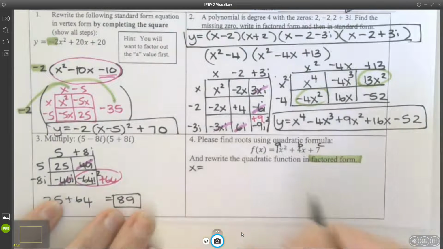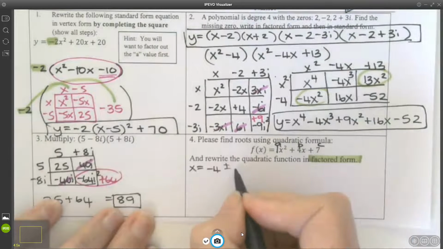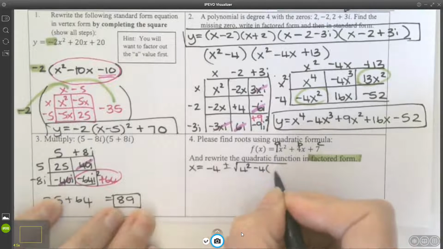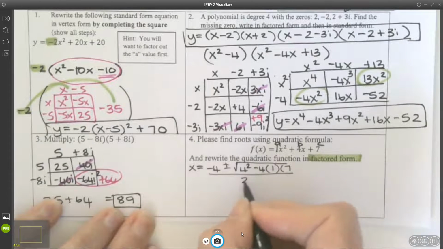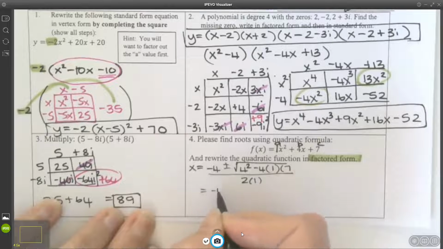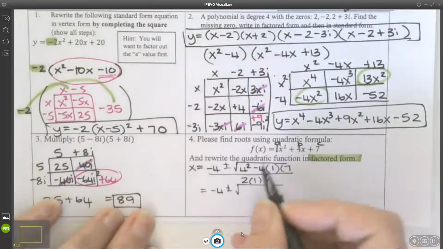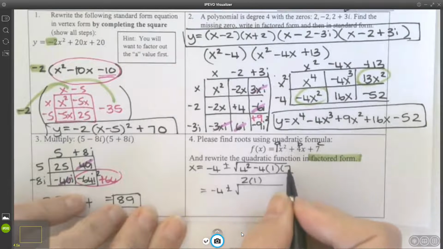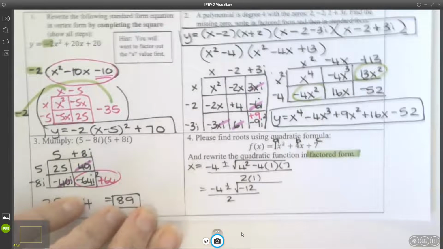And so I'm going to do negative b, which is negative 4, plus or minus the square root of b squared, which is 4 squared, minus 4 times a, which is 1, times c, which is 7, all divided by 2 times 1. And so I can simplify this because 4 squared is 16, and 4 times 1 times 7 is 28. So 16 minus 28 is negative 12, divided by 2.